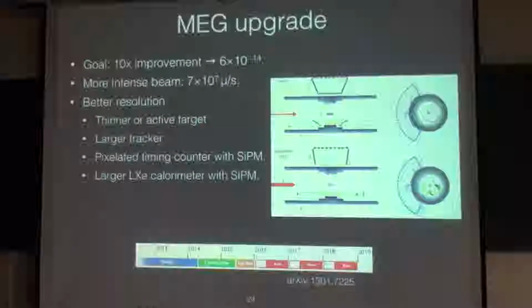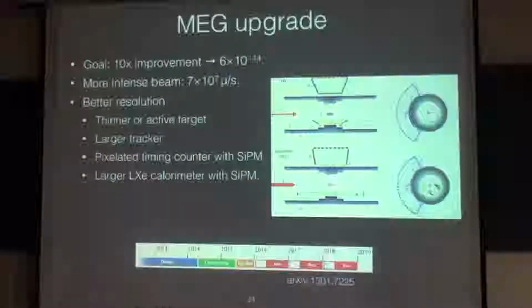Their upgrade, I think, has already been approved. The goal is to have a 10 times improvement to 6 times 10 to the minus 14, and they need a more intense beam. And the more important part is the better resolution.